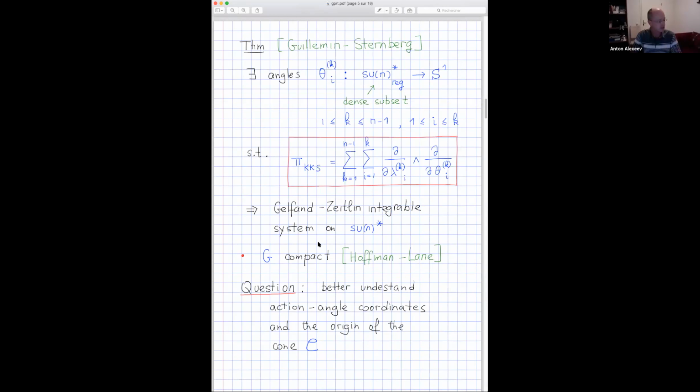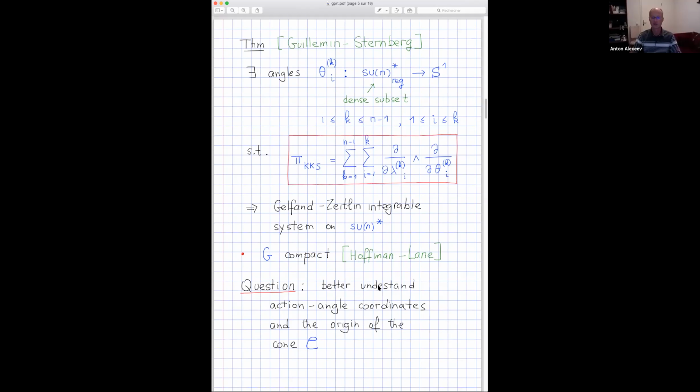If I'm not mistaken, the Gilman-Sternberg result is probably the end of the 80s, or maybe even the beginning of the 80s. And the result of Hoffman and Lane is from the end of last year. So it took some time.